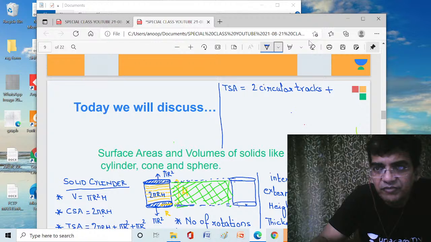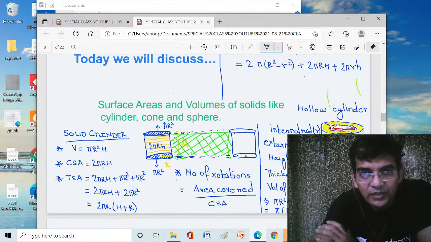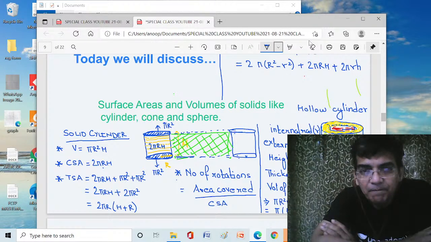You can note it down. These were the formulas for the cylinder, hollow or solid.